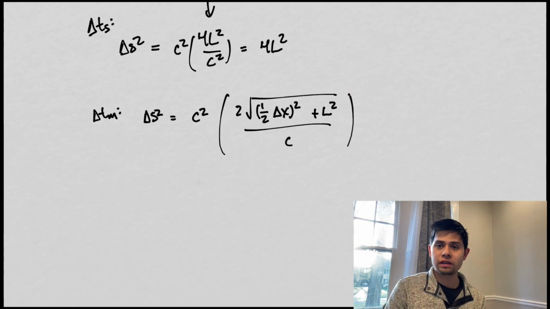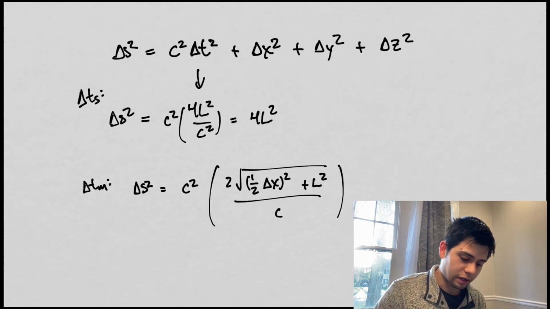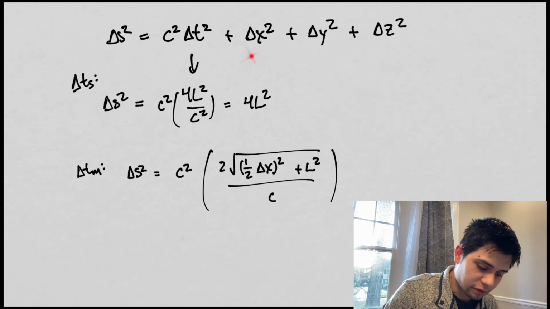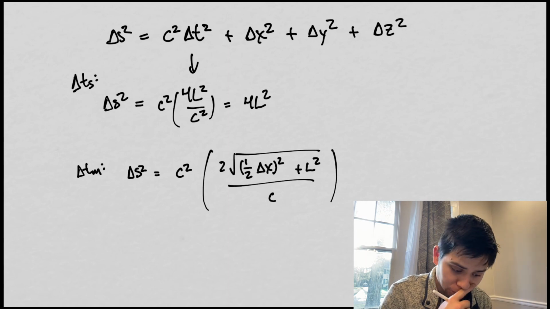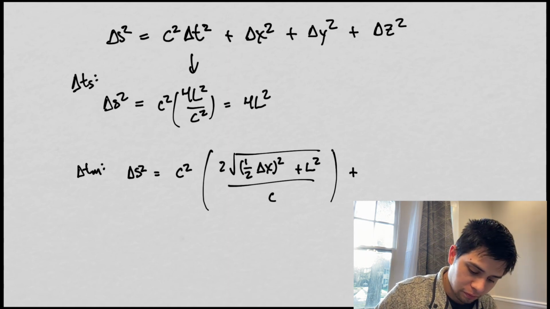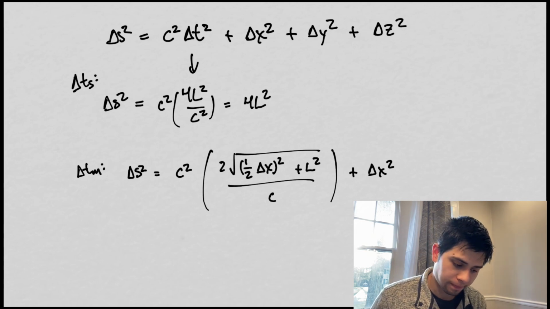And then since we're moving in the x direction, right, let's take a look here really quick. Since we're moving in the x direction, we need this right here also, so plus delta x squared. Right.